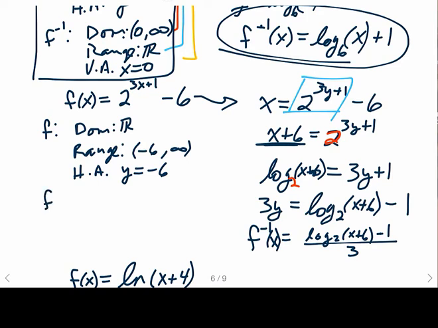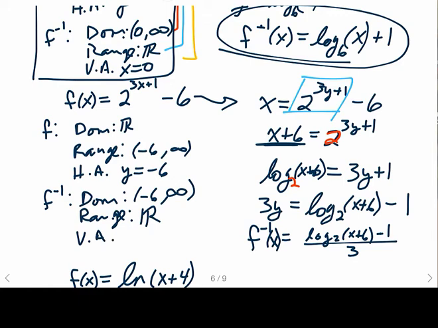Now for f inverse, I look at what I knew about f. I'm going to get the domain and the range by reversing those for the function f. The domain is going to be -6 to infinity. The range is going to be all real numbers. And the horizontal asymptote for the function becomes a vertical asymptote for the inverse, and that's x equals -6.